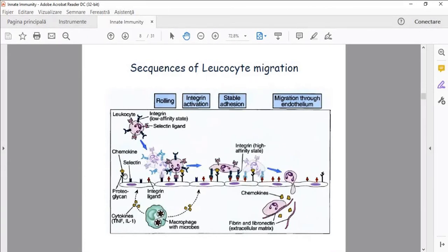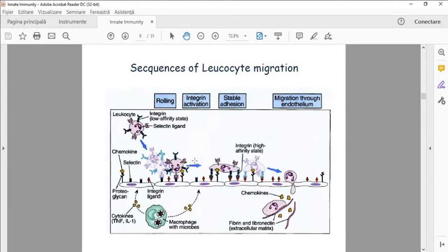As I told you before, as a result of their activation, endothelial cells express different types of cellular adhesion molecules, which will be able to establish bonds with leukocytes.